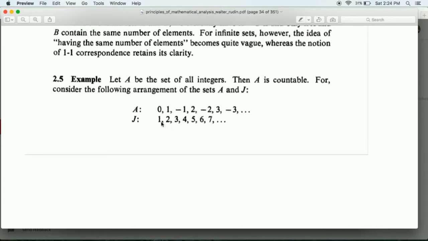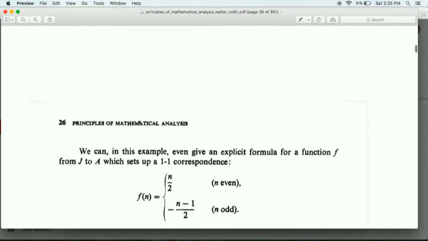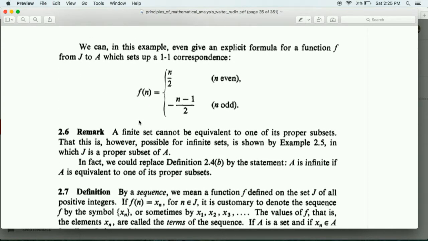So J is a proper subset of A, but still A is equivalent to J. That is, A has a one-to-one correspondence with J. So A and J have the same cardinal numbers. This leads to a very important notion in infinite sets, that is, an infinite set is equivalent to one of its proper subsets. This is not true for finite sets.